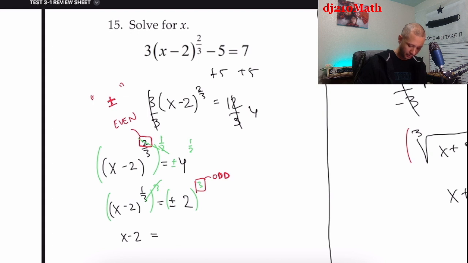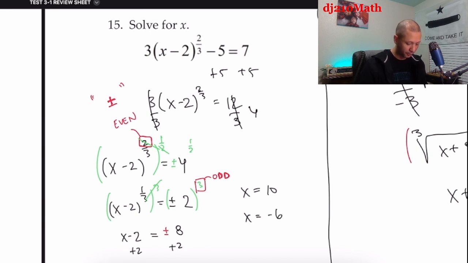So plus or minus whatever 2 cubed is: 2 times 2 is 4, times 2 is 8. Okay, so we're going to get 2 answers because we have to add 2 to both sides. So x is equal to 8 plus 2, which is 10, or negative 8 plus 2, which is negative 6.